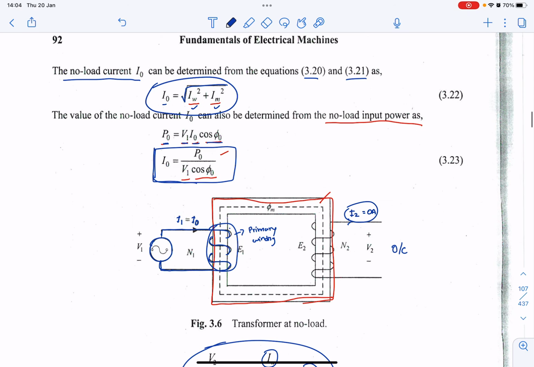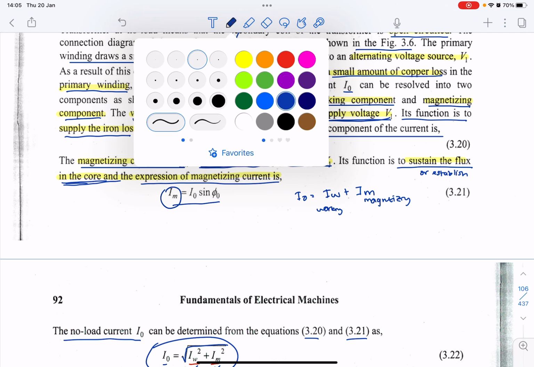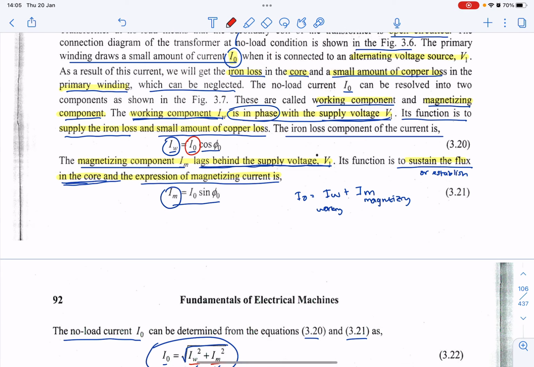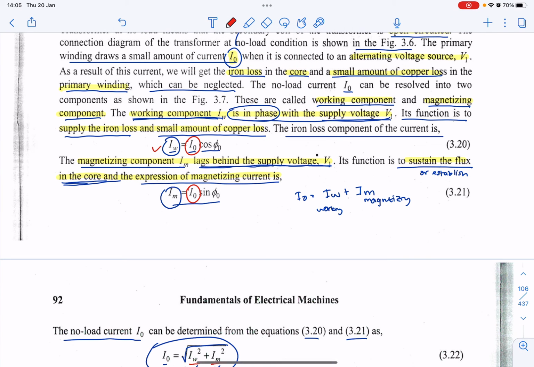If you look at another equation, to calculate I0 based on the no load power. So the equation for the working current and Im here, you require the no load current. You require the no load current in order to solve Iw and Im.